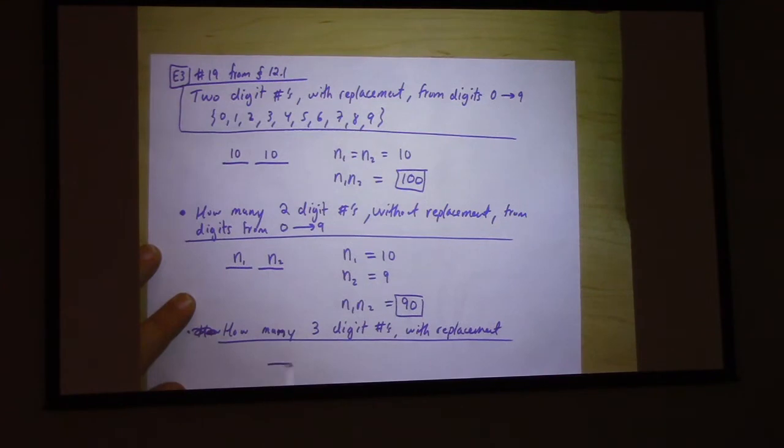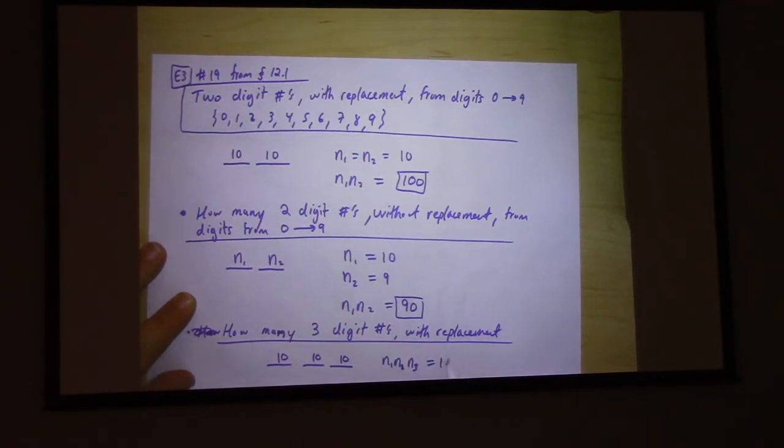So then you've got 3 things, right? You've got 10 for this one, 10 for that one, 10 for that one, if we're allowing 0, 0, 0 as a number, right? And so that gives us n1, n2, n3 is 10 times 10 times 10, which is 1,000.